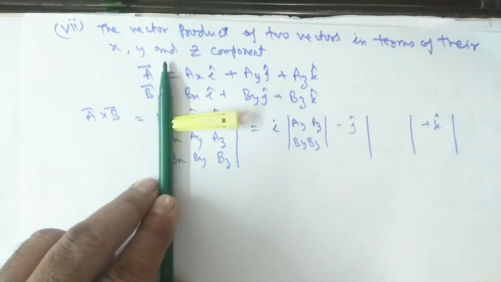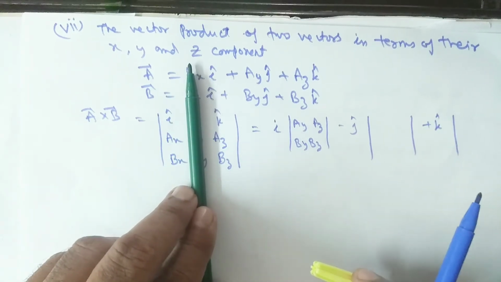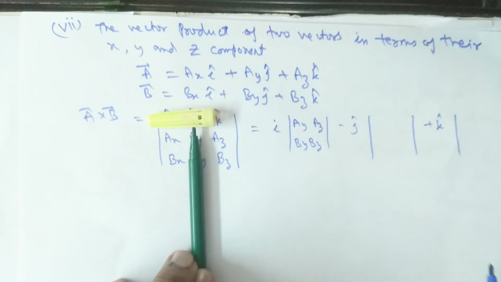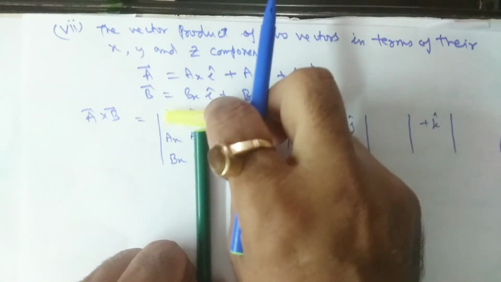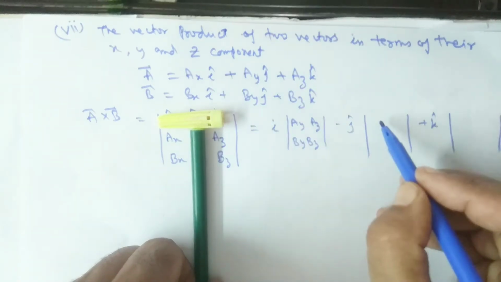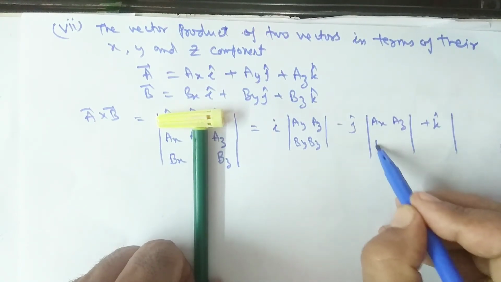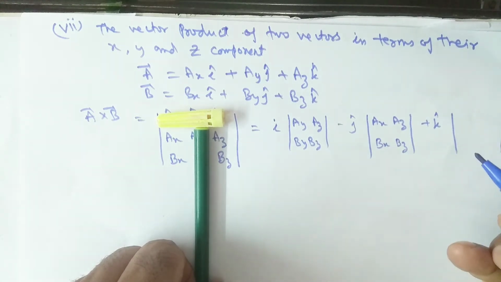Is it clear? Now for J, hide the J column, and you can see Ax, Az, Bx, Bz. Clear?